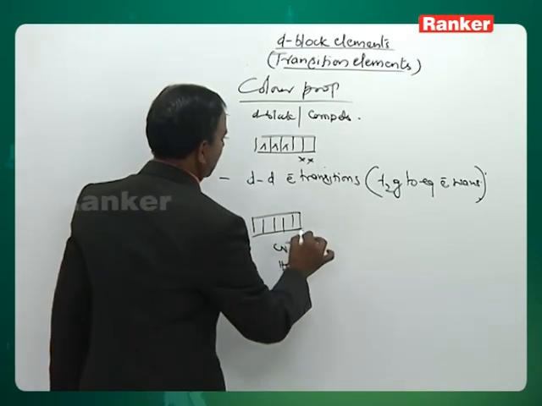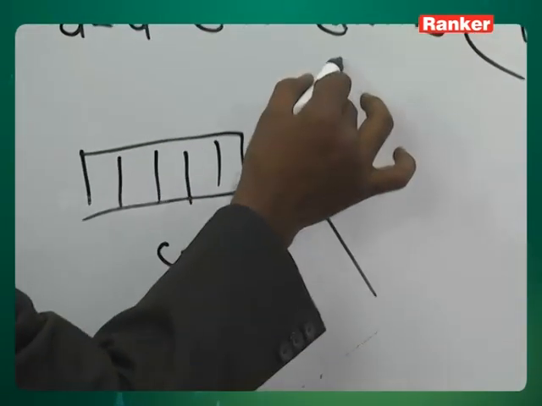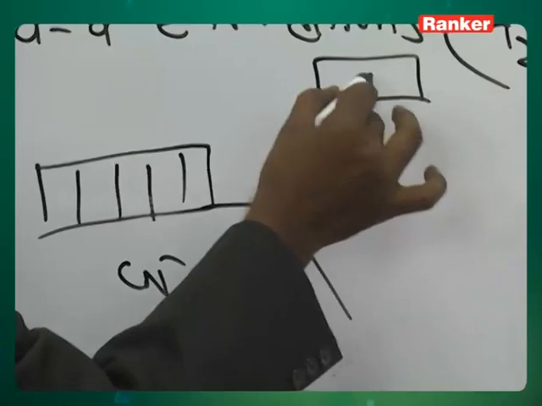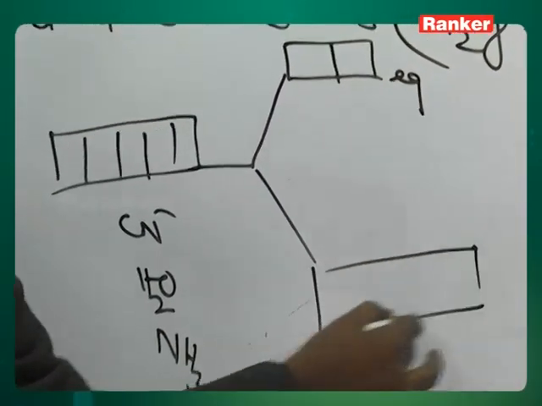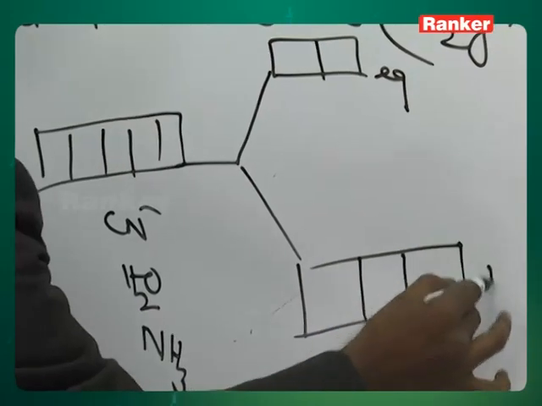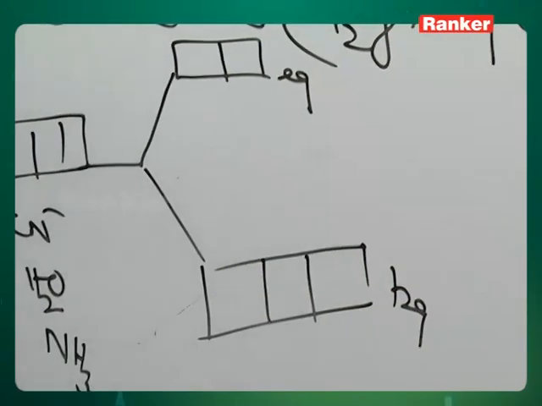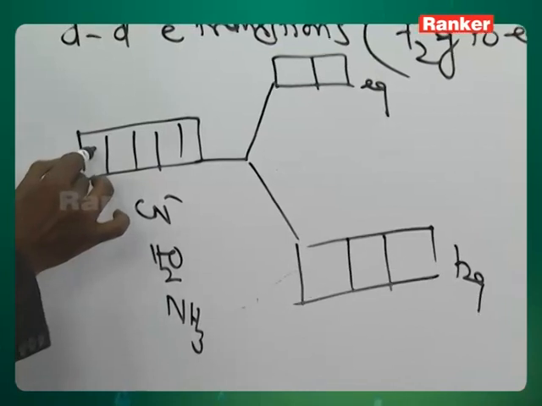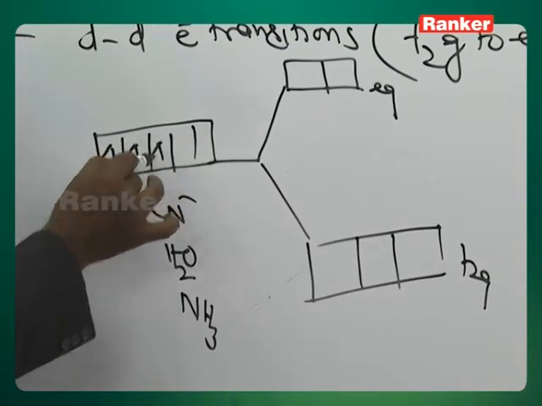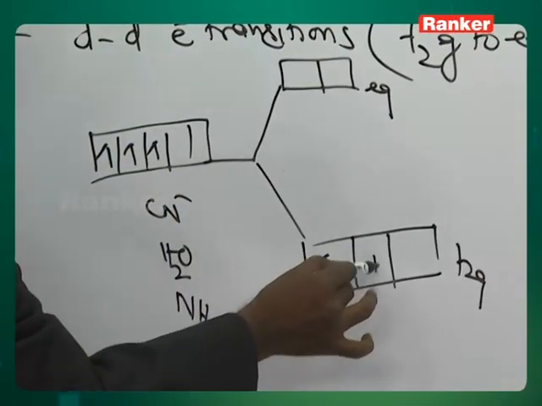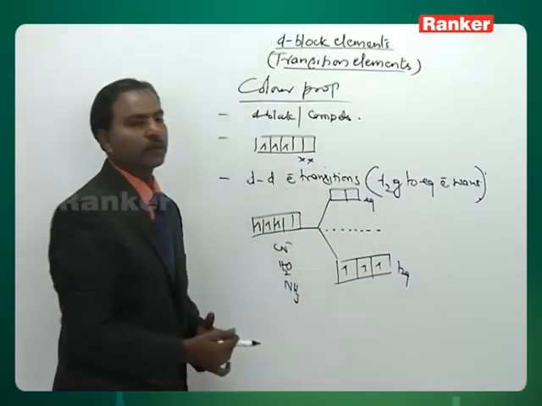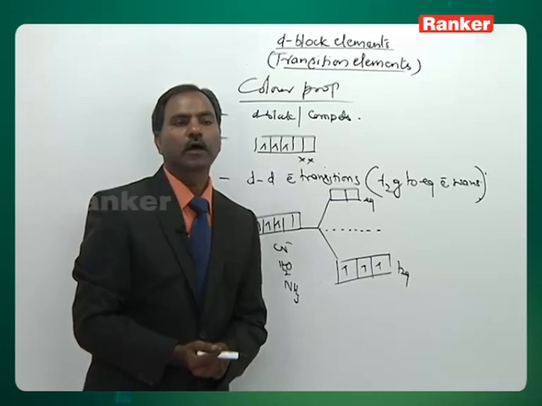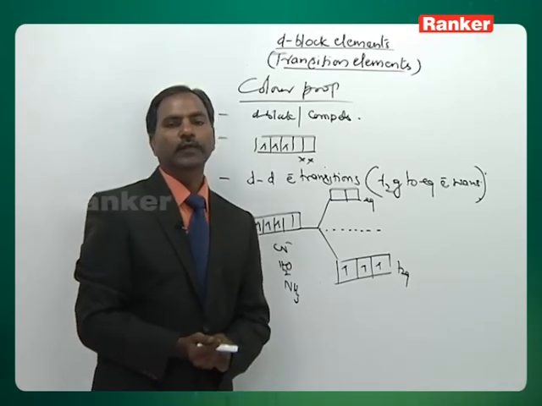The higher energy level we consider eg, and the lower energy level t2g. Now consider a d3 electronic configuration. After the splitting, the electrons enter the lower energy level.